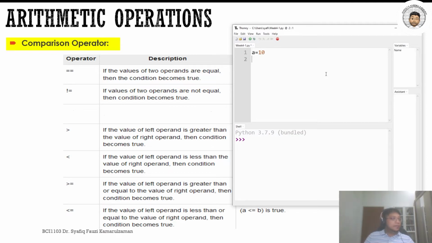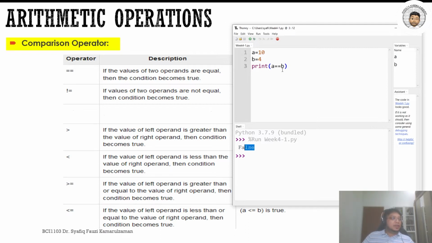A is equal to 10, B is equal to 5, and then C is equal to A equal equal B. Print A equal B. Let's see what the answer is. False. So you see we get the answer false. A is 10, B is 5, so A equal B is false.